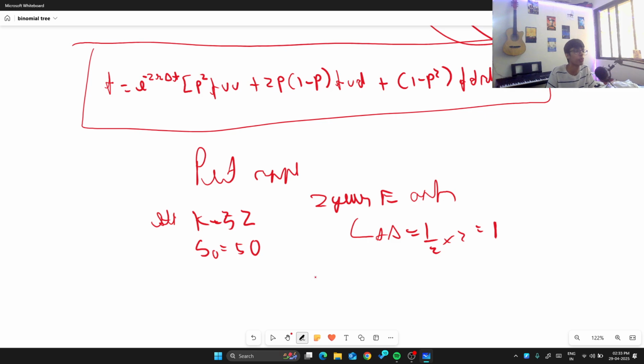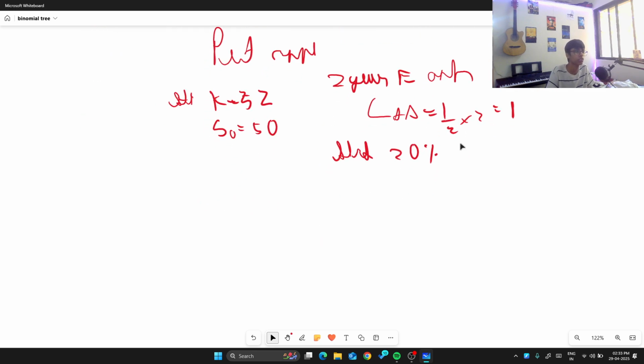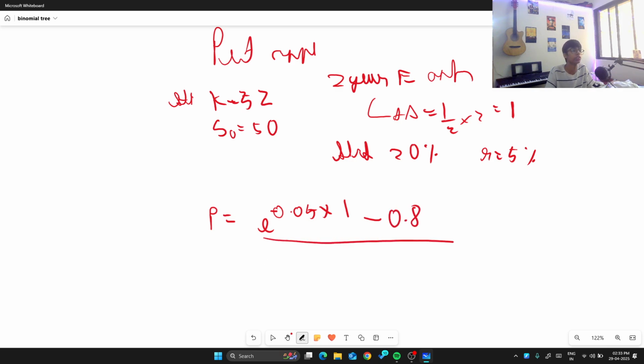And the stock movement is 20%. My risk free rate is 5%, and probability would be e to the 0.05 into 1 minus down movement 0.8, right?